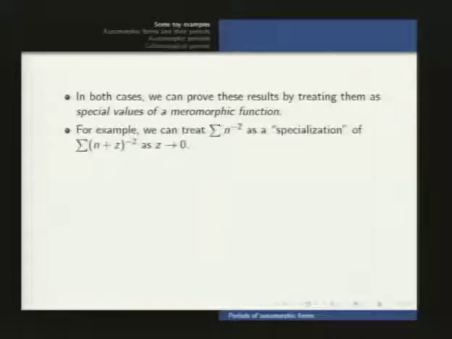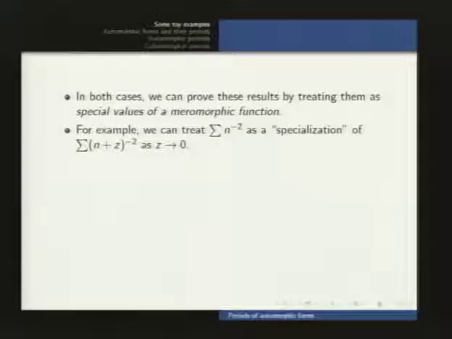To illustrate what I mean, the sum of reciprocals of squares, you can try to compute by adding a variable z, so you sum over 1 over (n plus z) squared. And in that sum, I really want n to go over all integers. And this is now a holomorphic function of z.